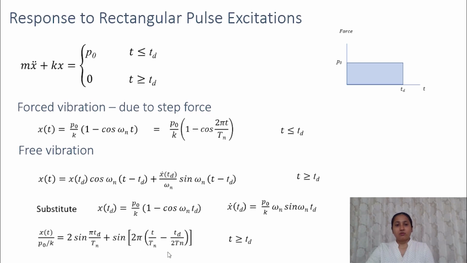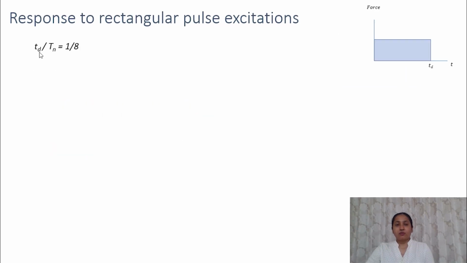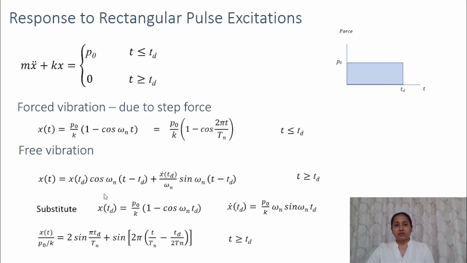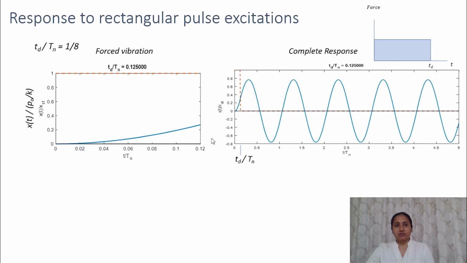So now let's calculate the response for different values of td by tn. For td by tn equal to 1 by 8, if we evaluate these two expressions and plot this, we would get the response. The complete response would be this, and during forced vibration, that is when t is less than td, this is the response.